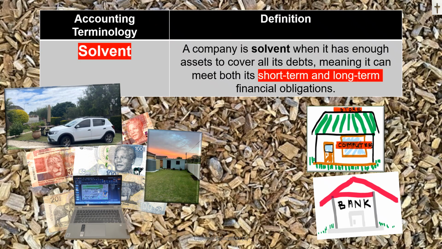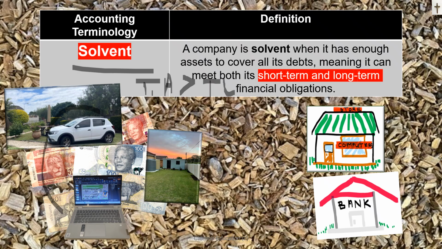So what does solvent mean? Now solvent, a business is solvent if the total assets exceed the total liabilities. So the total assets are greater than the total liabilities. And we are including here non-current assets and current assets, and non-current liabilities and current liabilities.